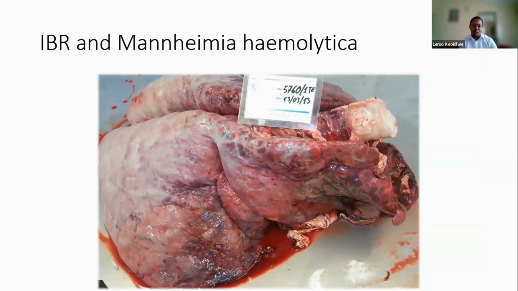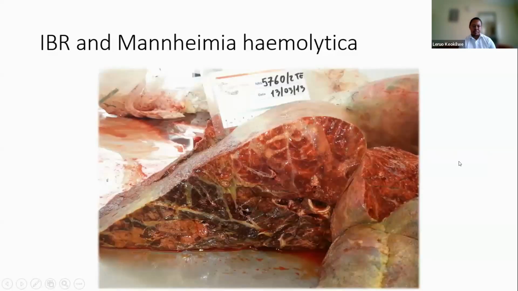So you can see that we have an enlarged lung. We have enlarged interlobular septi, even some emphysema and hemorrhagic process consolidation of the lung. And this as well, the cut section of the lung with a mixed infection of IBR and Mannheimia hemolytica.